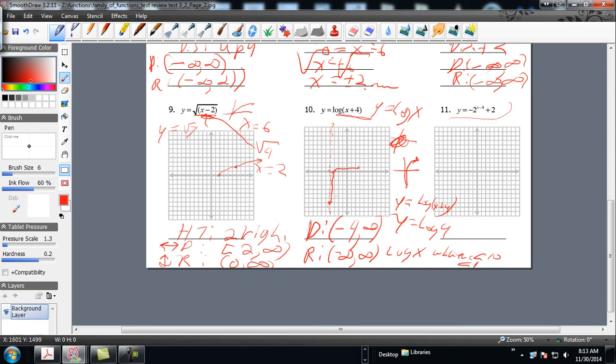Number 11, one of my favorites. I know my function normally looks like, I'm just going to find a spot to draw this on. My parent function is going to look like this, right? Notice he's got to go up 2. That means my asymptote, which is normally here, is going to be here.